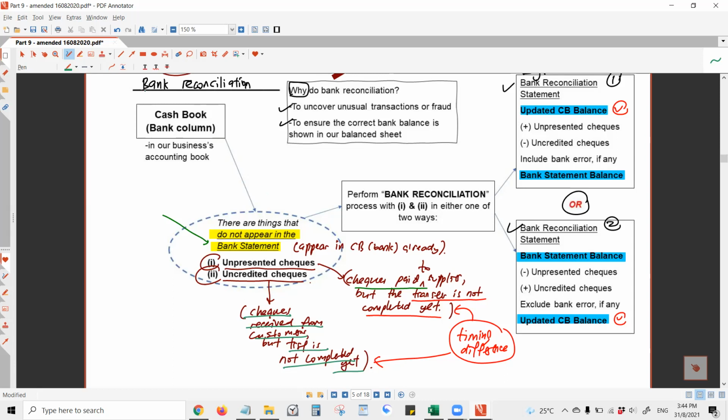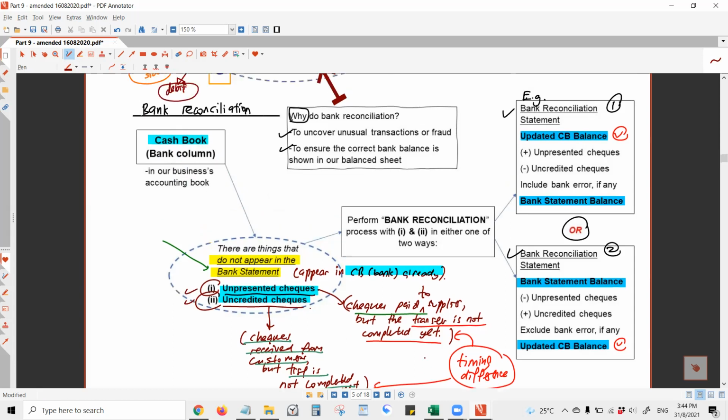So you are looking at two things here: unpresented checks and uncredited checks. These are things that appear in the cash book bank account already, but have yet to appear in the bank statement. We are going to use these two things to do what we call the bank reconciliation statement.